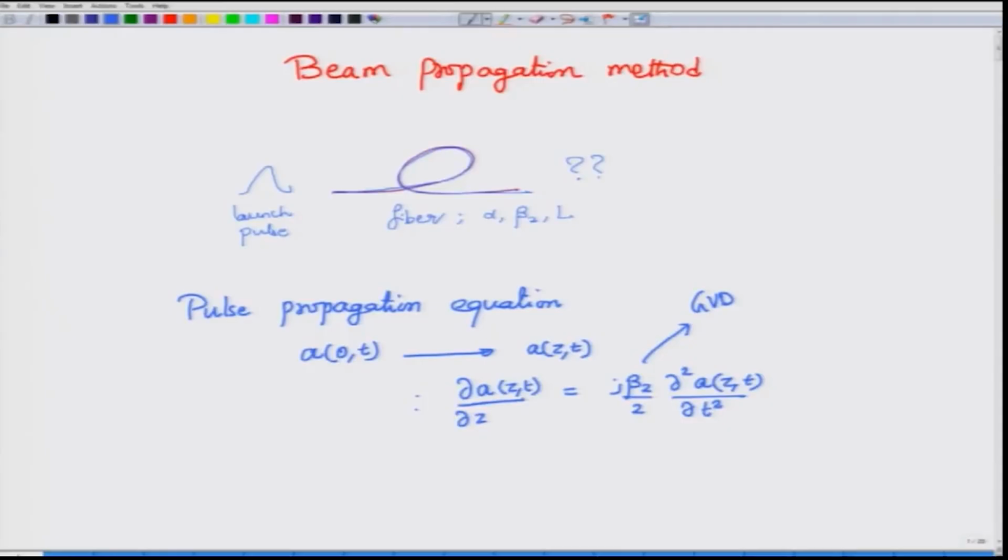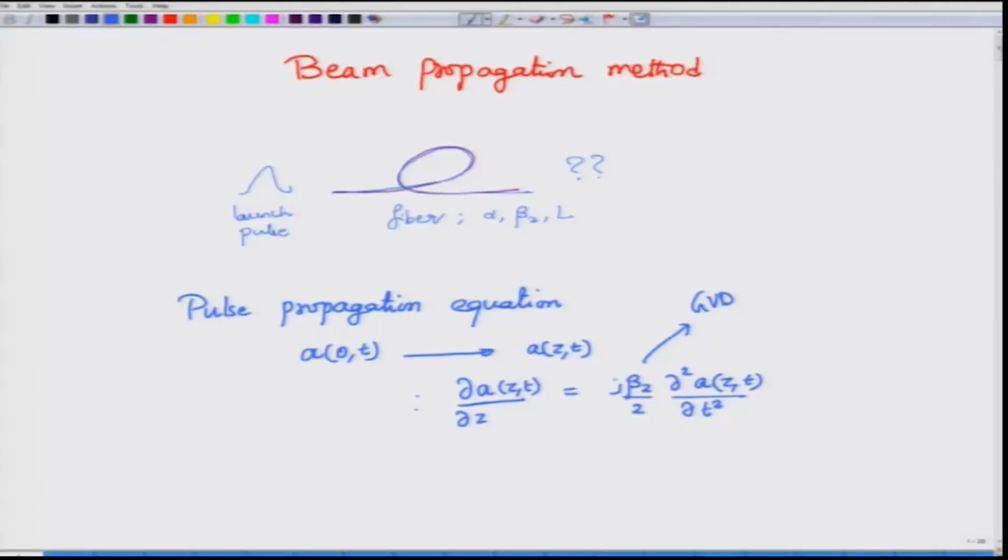It just does not happen for arbitrarily shaped pulses, and arbitrarily shaped pulses are very important in all pulse processing applications, including communications and certain other applications which are related closely to nonlinearity in the fiber, something that we have not really discussed yet. So, if we can't really use this pulse propagation equation, then what good is this pulse propagation equation?